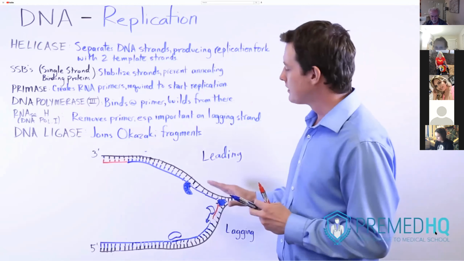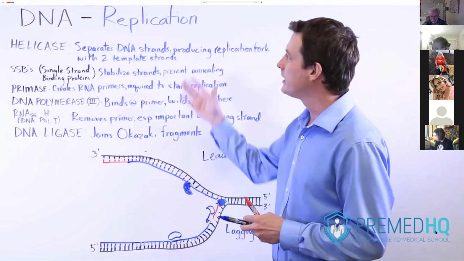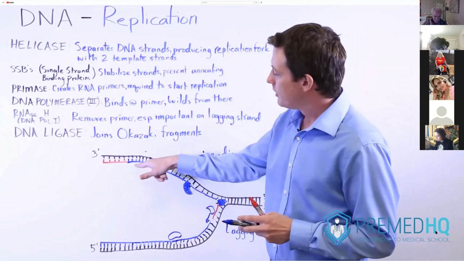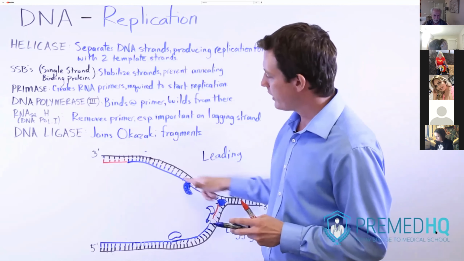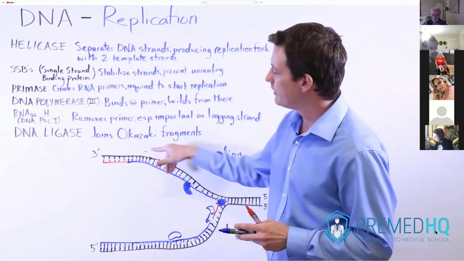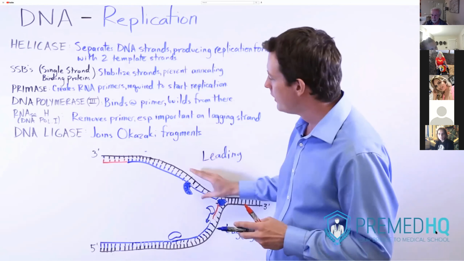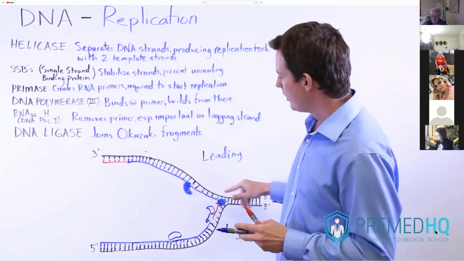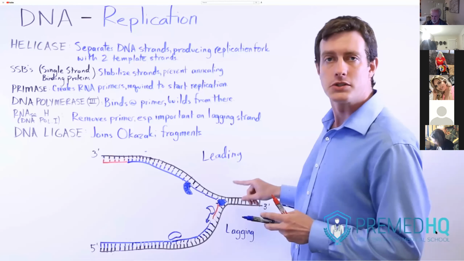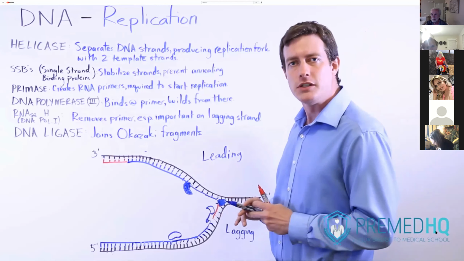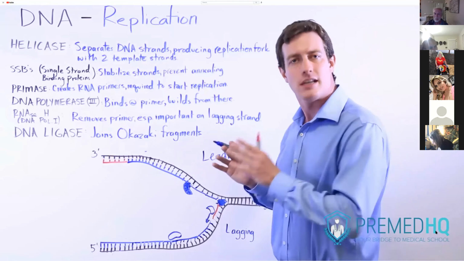And notice that the process of DNA replication is semi-conservative because we're building a new strand, but we're conserving the parent or template strand. Half of this new double-stranded DNA comes from the original double-stranded DNA. There's also another word that we have to use, and this is semi-discontinuous.